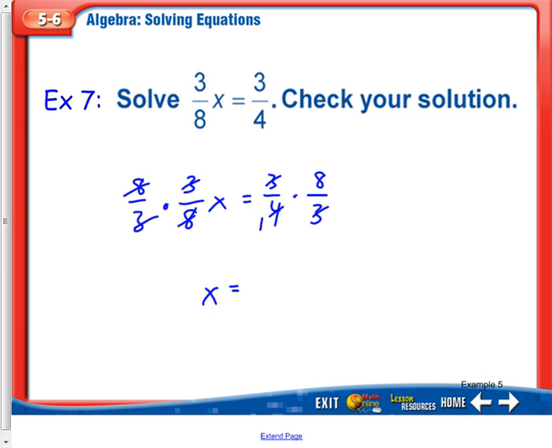The 4 will go to a 1. The 8 will go to a 2. So I'm left with 2 over 1, which equals 2. So here x equals 2, so this is twice as large as this one, which makes sense because the denominator got twice as small, which means these pieces are twice as large. Because if I just multiply the top by 2, I'd get 6/8, and 6/8 could be simplified to 3/4.